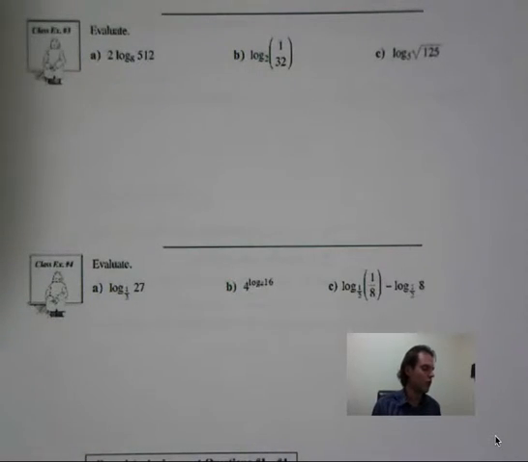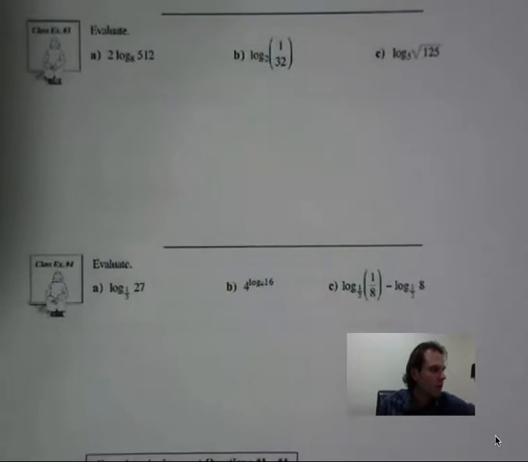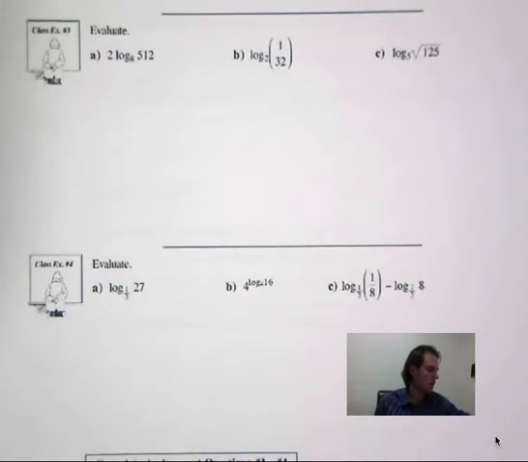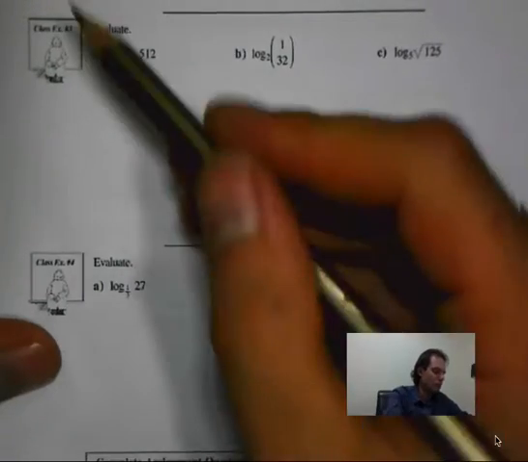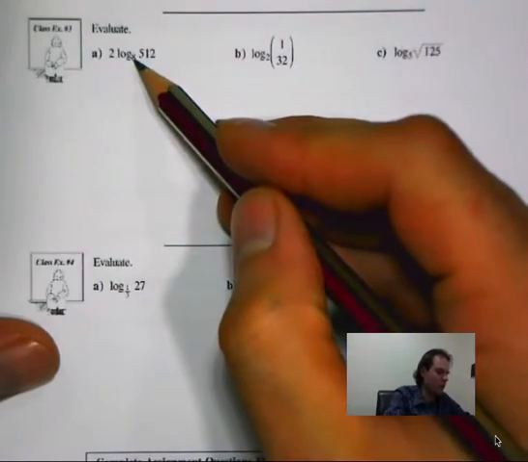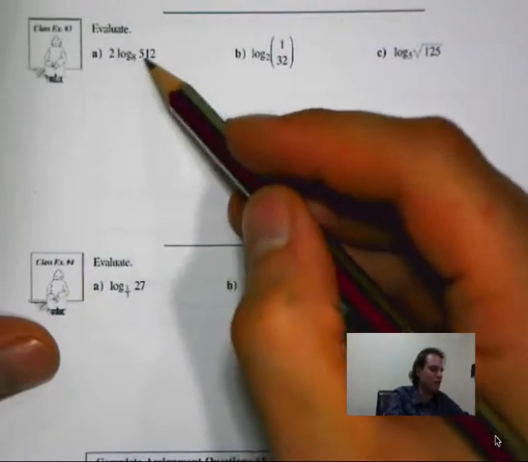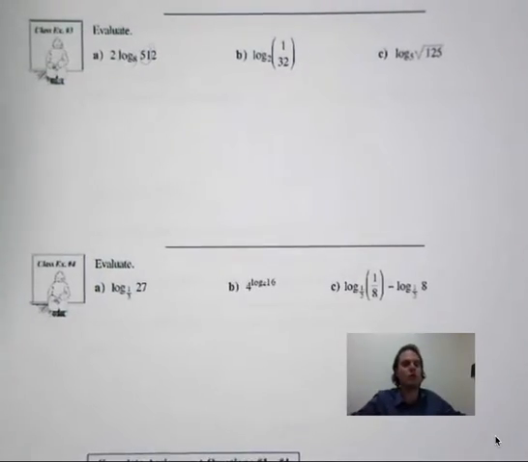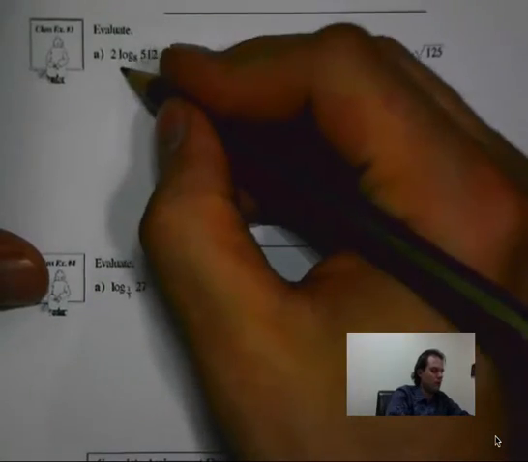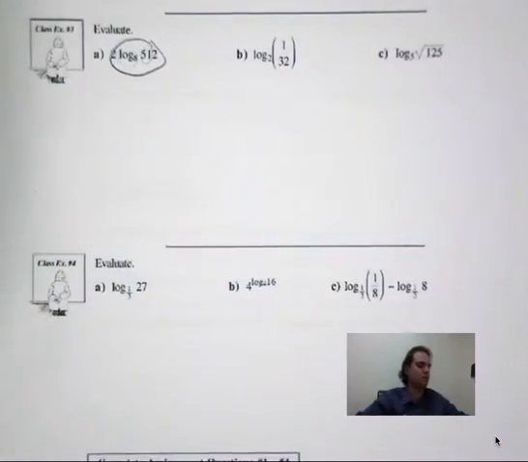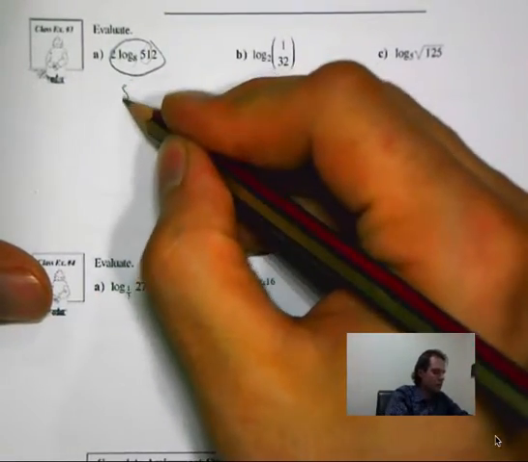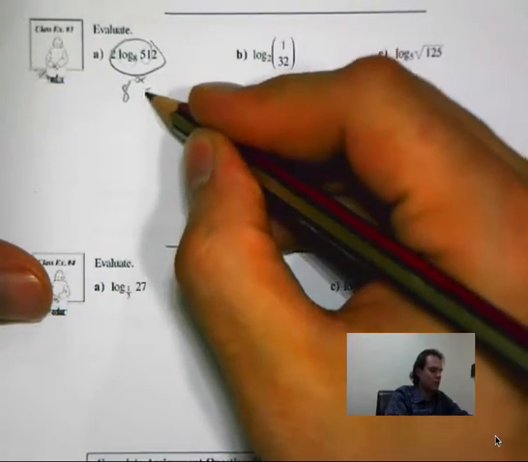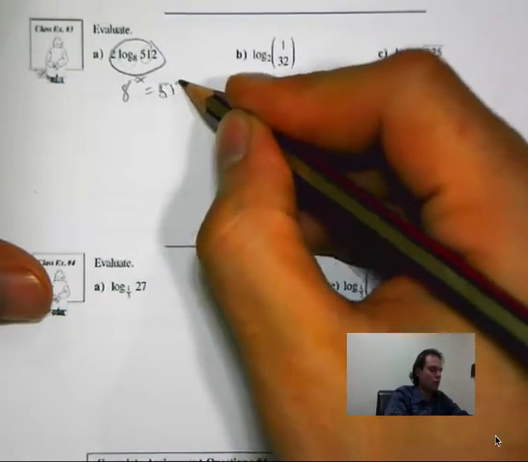Our next question says, evaluate the following. So we have 2 times log base 8 of 512. The first thing we're going to look at is this part here. That's going to be 8 to the something is equal to 512.